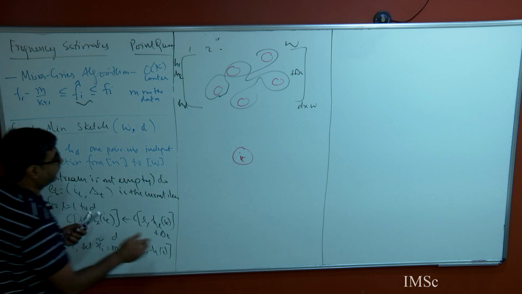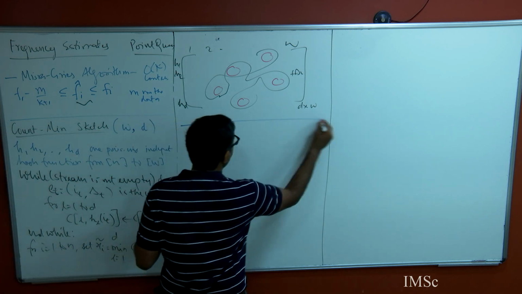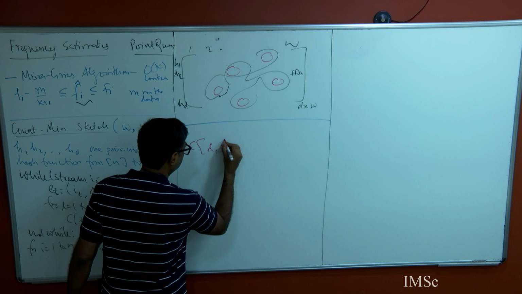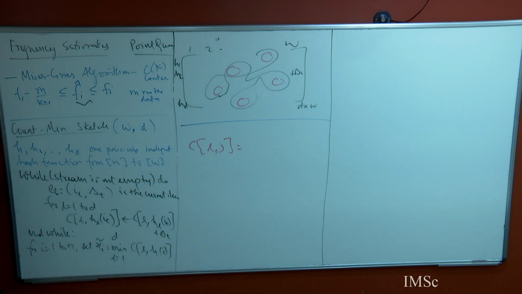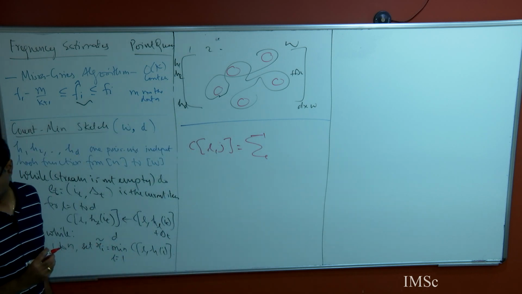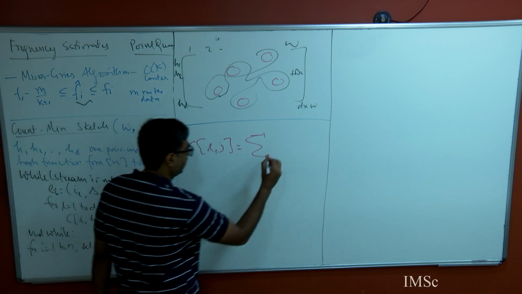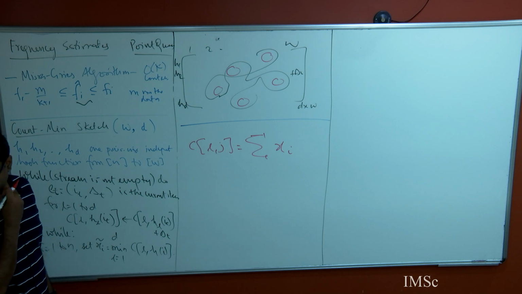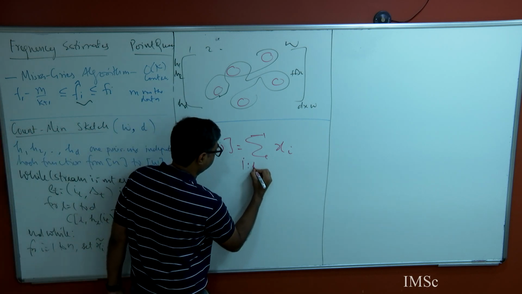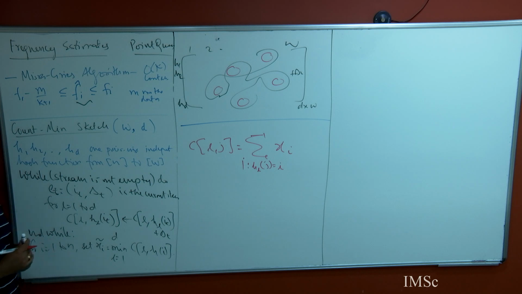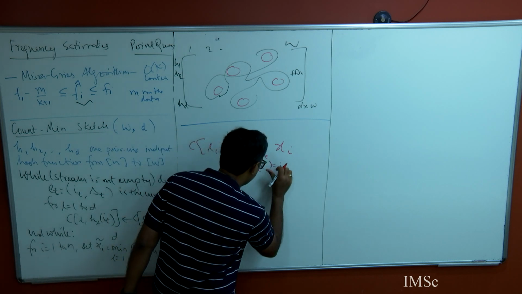Now in this setting, what does C L j count? This is basically the sum over all xi such that HL of i is j.